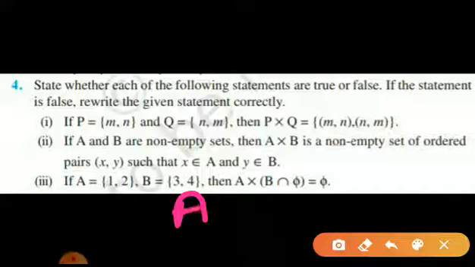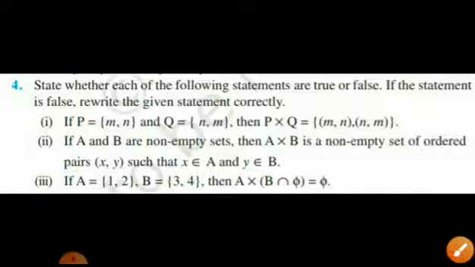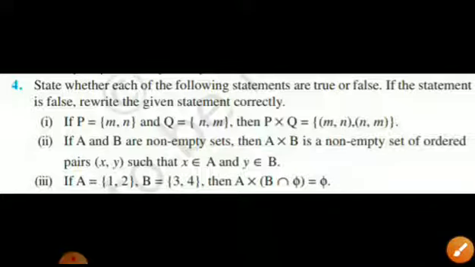Then what will be my A cross phi? It will always be equal to phi itself. Right? And hence the third statement is also true. Is that clear? Because B intersection phi is phi and A cross phi is equal to phi itself. Okay.